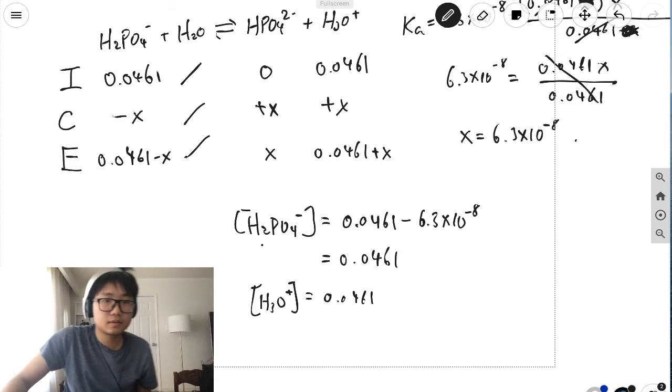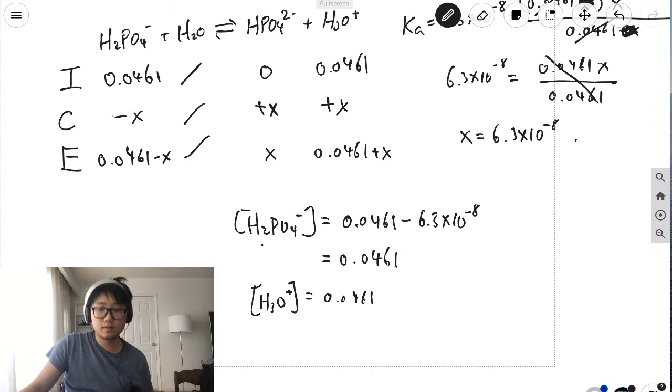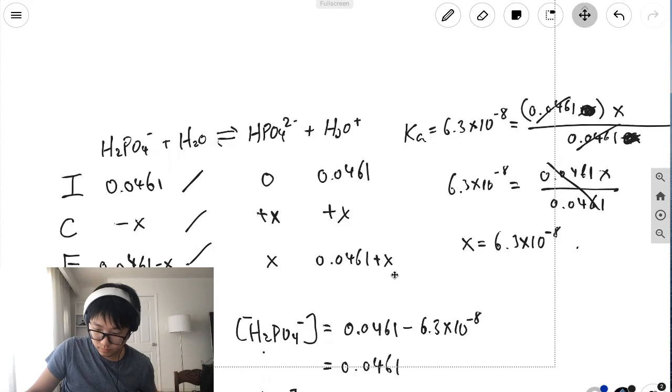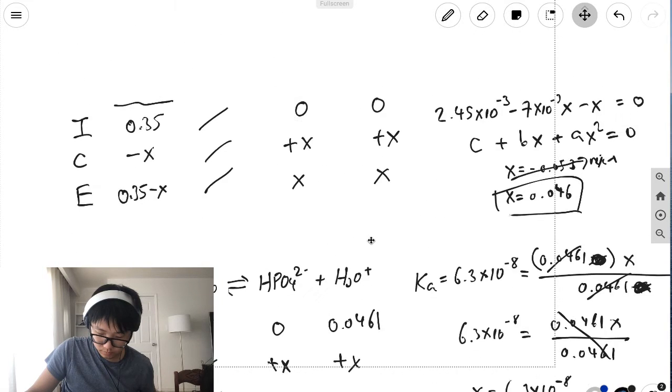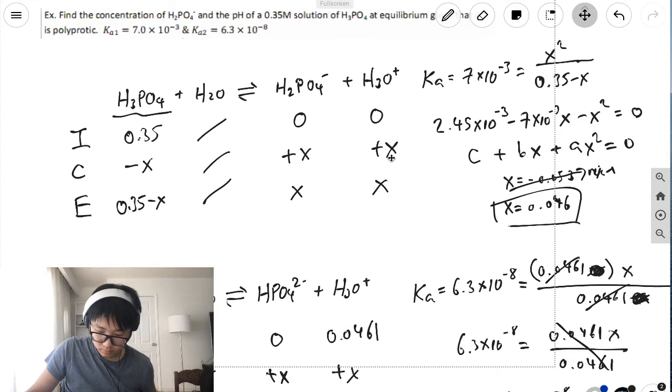So what I did, okay, negative log, and pH equals to 0.35 molar.